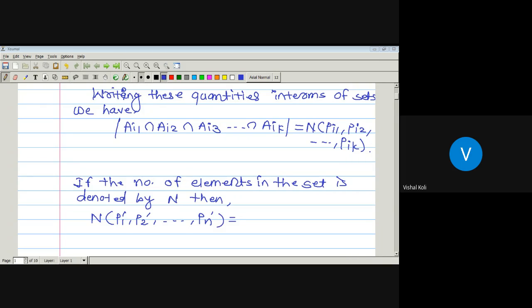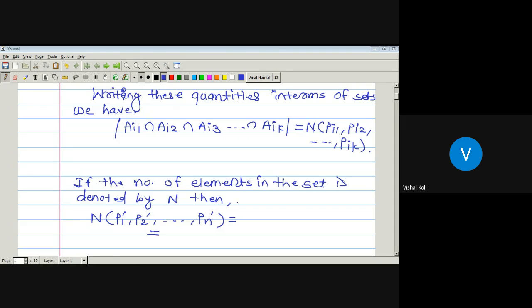This n of P1 dash, P2 dash, up to Pn dash denotes the number of elements with none of the properties P1, P2, up to Pn. It means if we have to find the number of elements with none of the properties P1, P2, up to Pn, then we have to use this formula.